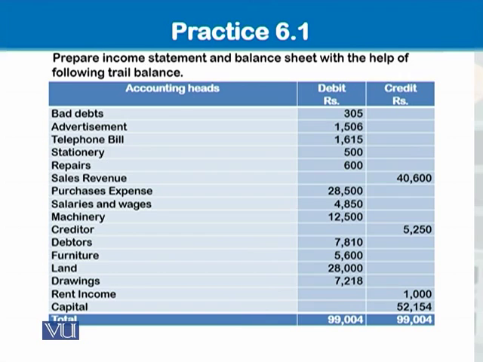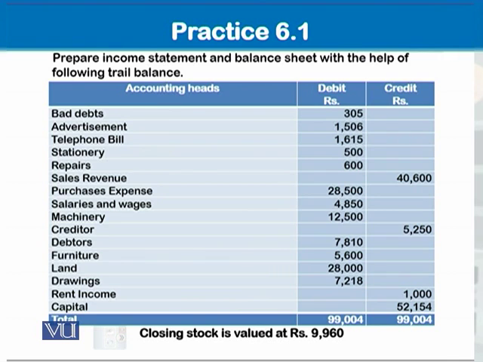So based on this, let's do some practice in which we will have a trial balance, and out of that trial balance, we have a closing stock, which is not a part of trial balance. This we will learn in detail as well, but as of now, just keep in your mind that closing stock is an information which you will always see appearing out of the trial balance, because this is just an information.